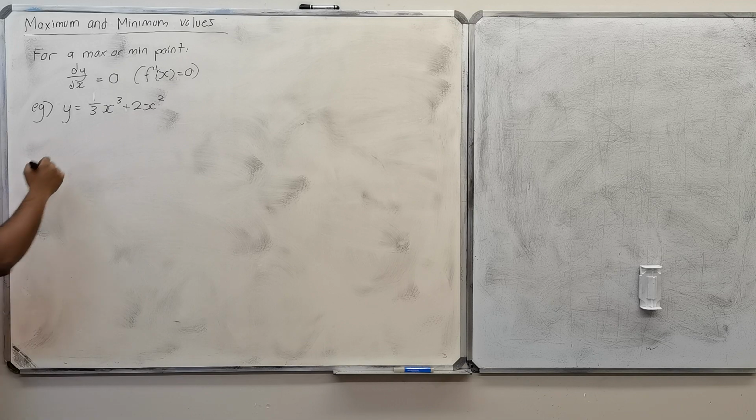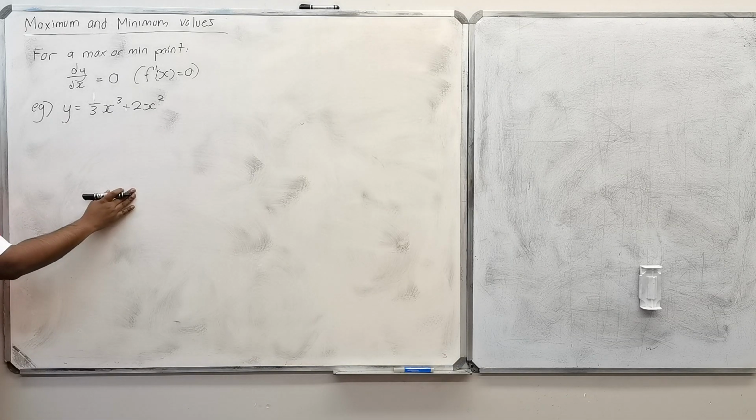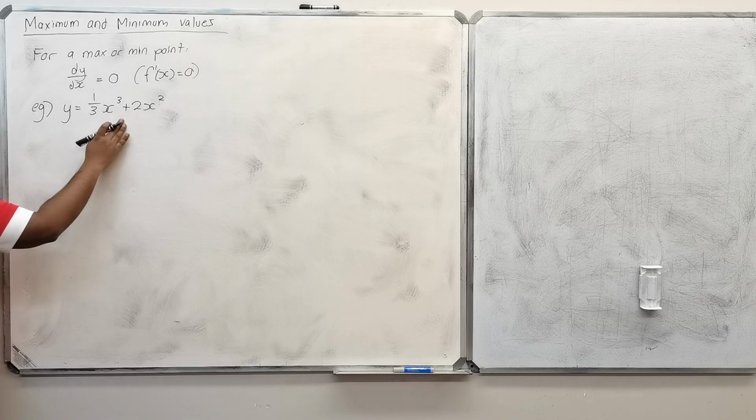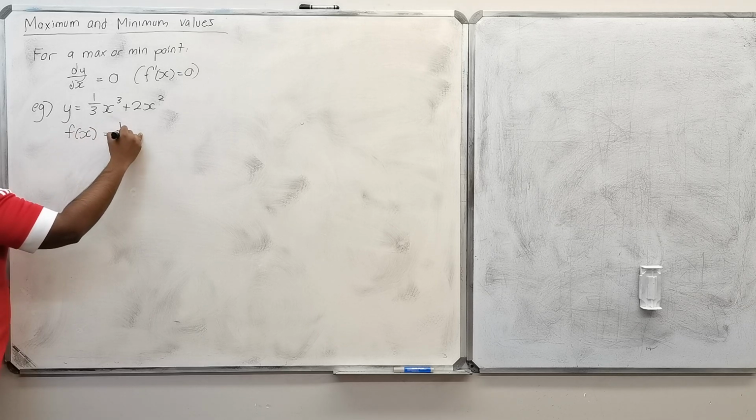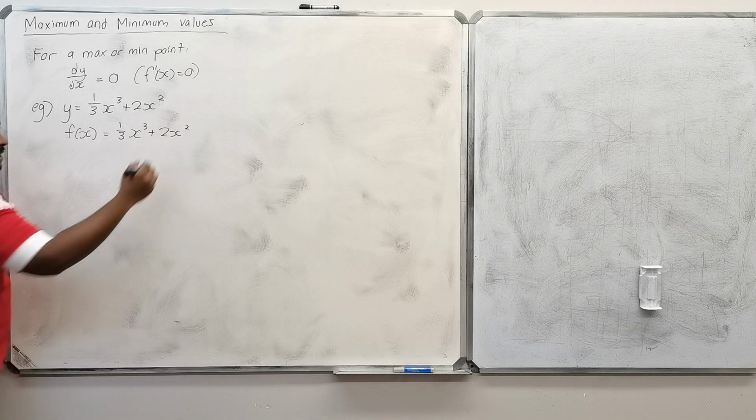This is the equation that they gave you. I'm going to write it in terms of f of x, a function of the independent variable, which is x. So f of x is equal to 1 over 3 x cubed plus 2x squared.